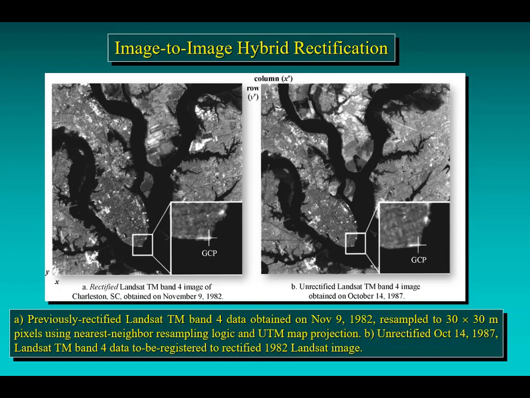It could be utilitarian to have a rectified Landsat image as a base or a reference for the map coordinates as part of the geometric rectification process. And so you have ground control point pairs where you have the map coordinates from the rectified image on the left, and you have the row and column coordinates from the unrectified Landsat image on the right. And so that's all what we really mean by performing an image-to-image hybrid rectification.